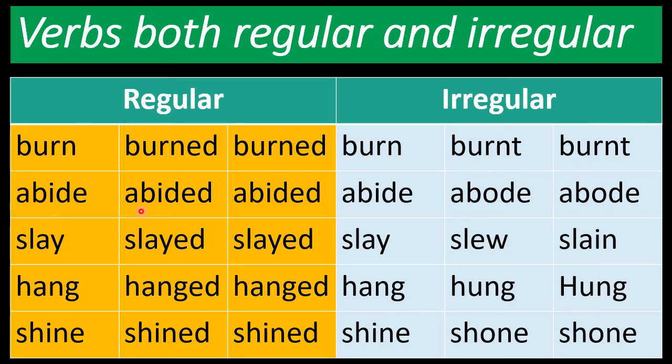Avoid, avoided, avoided as a regular verb, and when it becomes an irregular verb, it would be avoid, avoid, avoid. Slay, slayed, slayed, and irregular slay, slew, slain. Actually, there is no way to know the irregular verbs. The only way is to memorize the verbs.